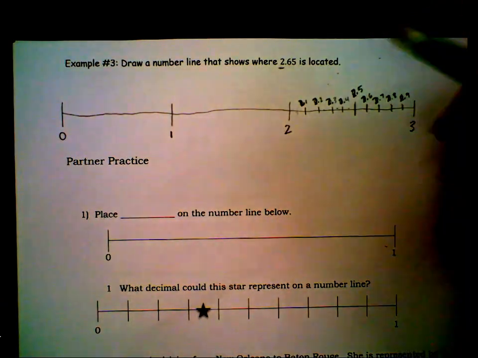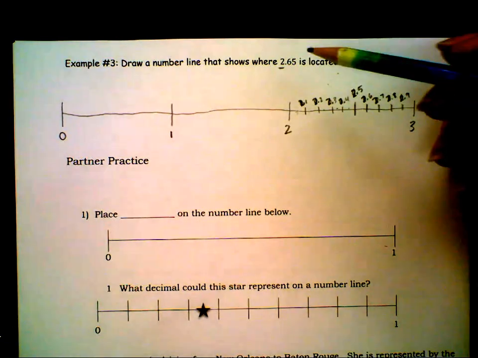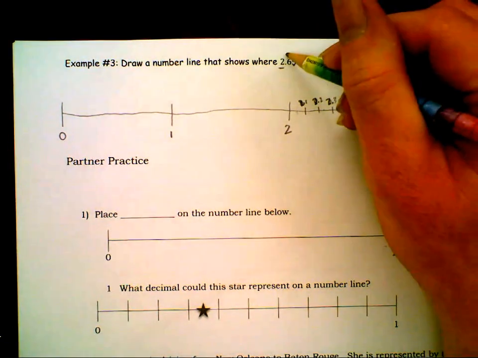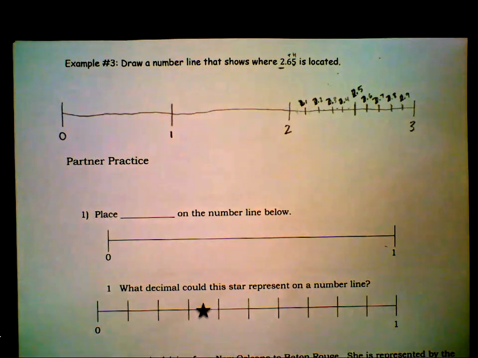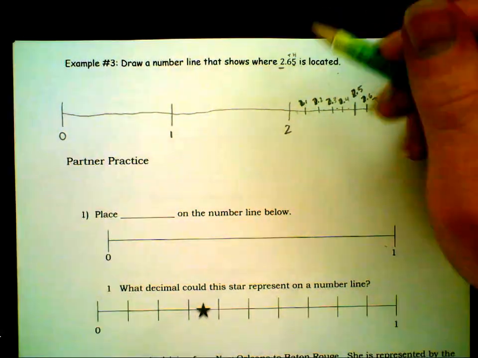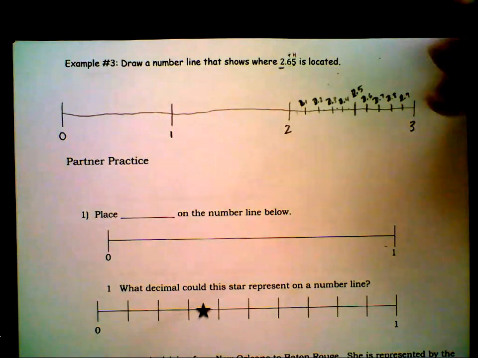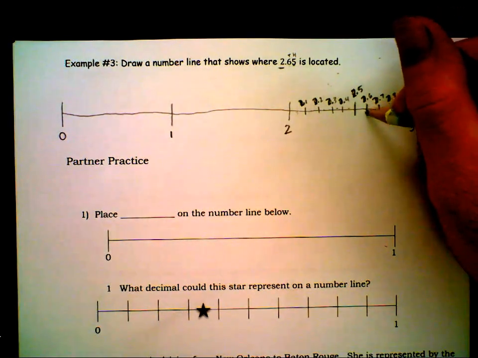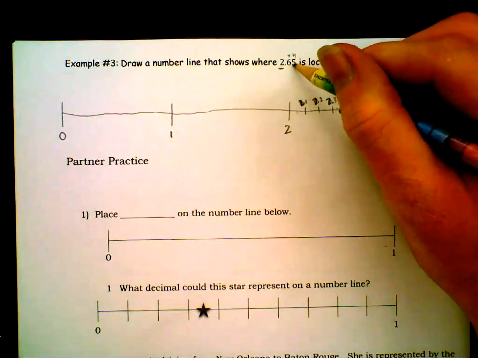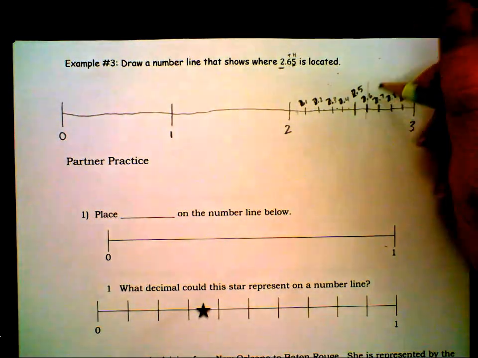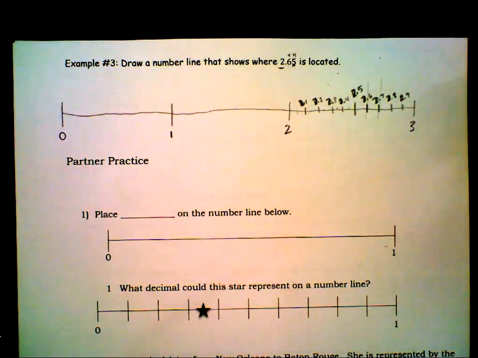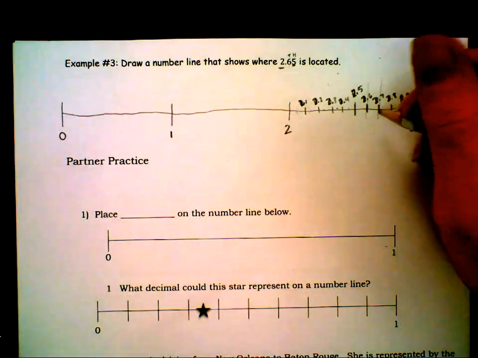Now I have to decide, because I have hundredths, right here are my hundredths, which 2 tenths are on either side of my decimal. Now, because this is a sixth, I know it's going to be starting here, but because it's bigger than that, it's going to be in between 2 sixths and 2 sevenths. Now, I now need to divide this space into 10.